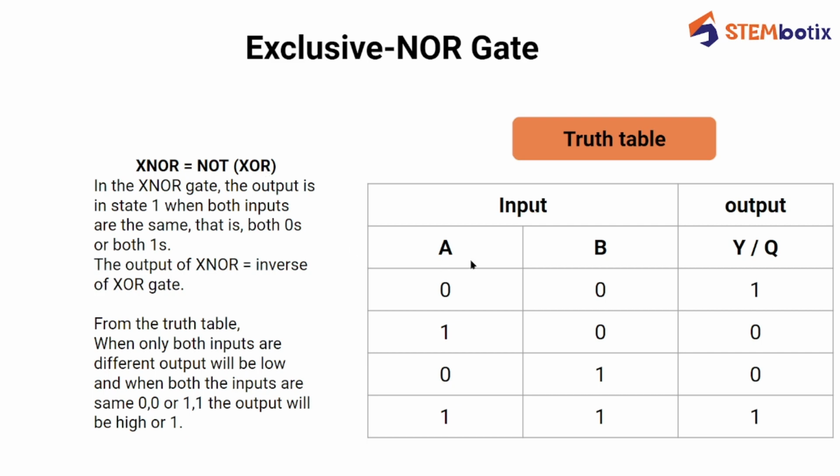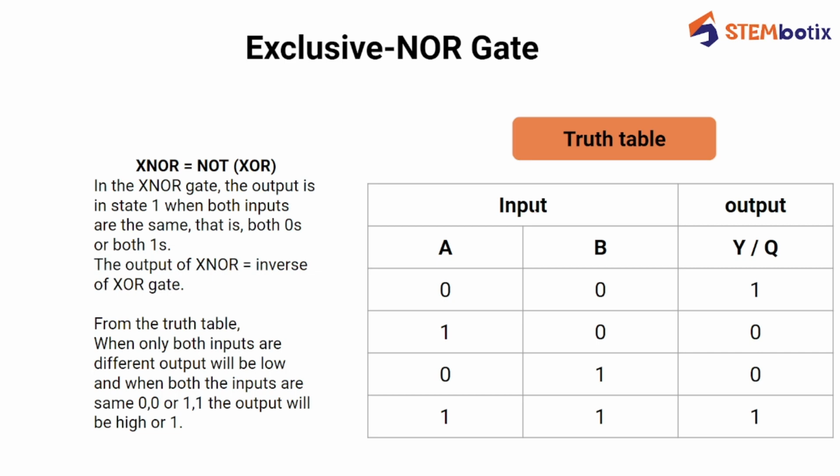So you will get output whenever both the inputs are in the same state, whether they are 0 0 or 1 1. Then you will get output as high or state 1. In the XNOR gate, the output is in state 1 when both the inputs are the same, or you can say both are zeros or both are ones.